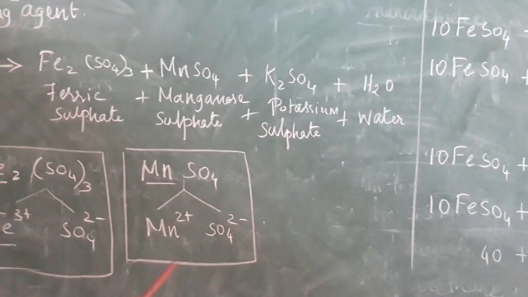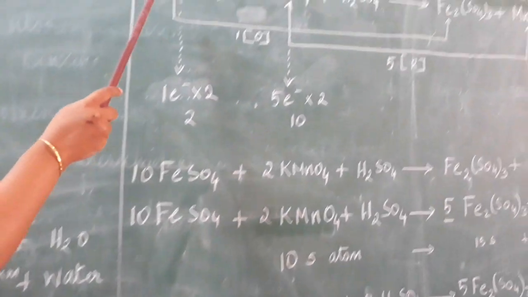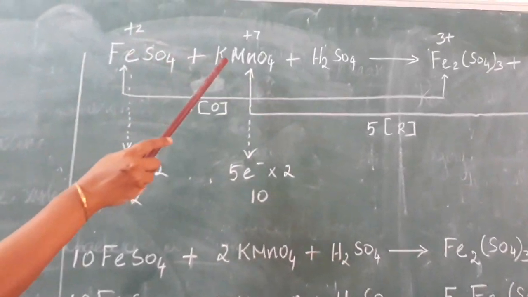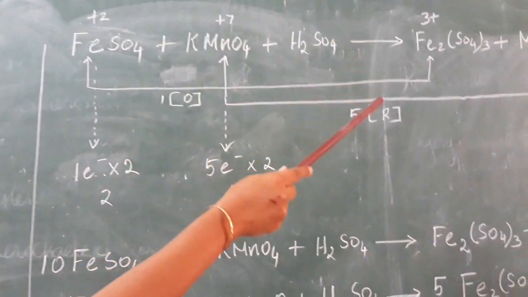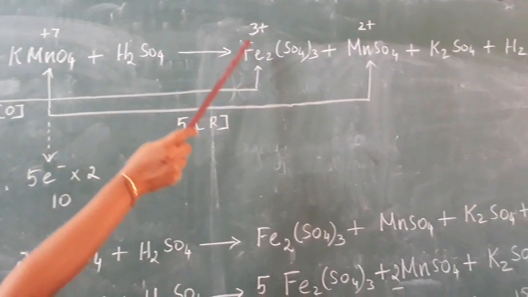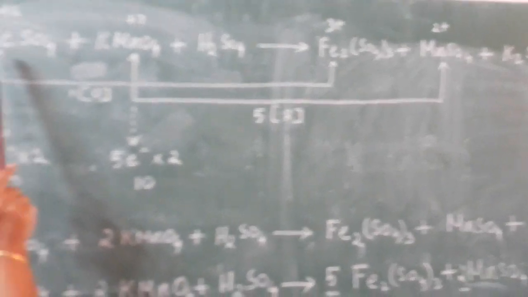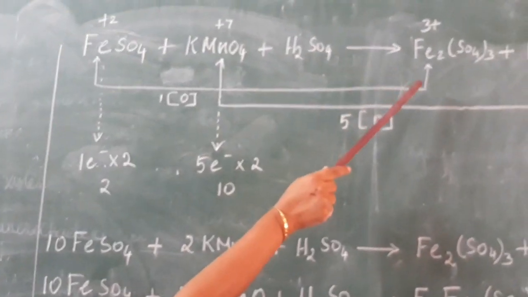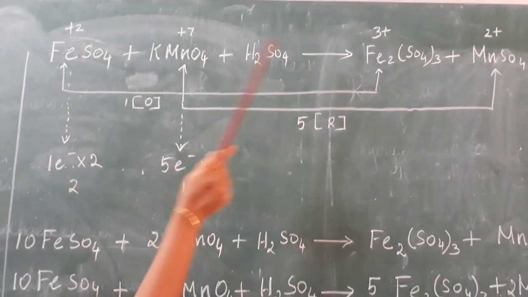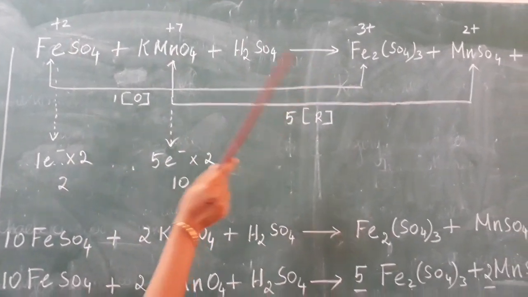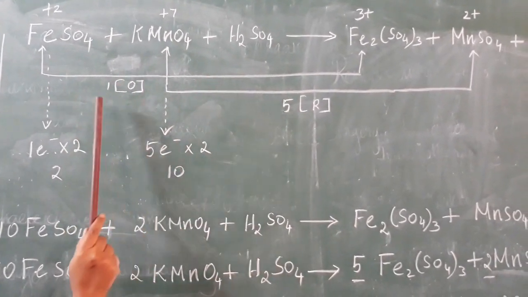Now we are going to write the oxidation number for iron +2, for manganese +7. On the product side, iron is +3 and manganese 2+. Now see the iron 2+ and ferric 3+. Here the oxidation number is increased. How many numbers increased? Only one.